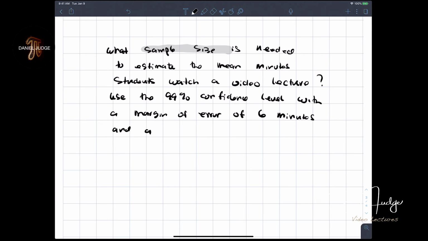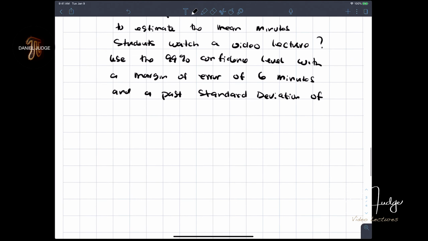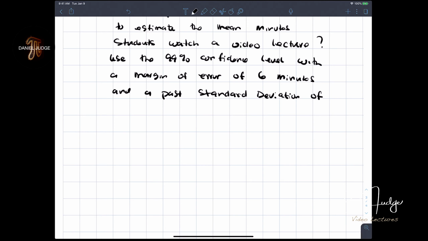And I'll put the words past standard deviation. Past standard deviation of, okay, these are in minutes. We'll say maybe 20 minutes. Oh, let's do 15. How's that?